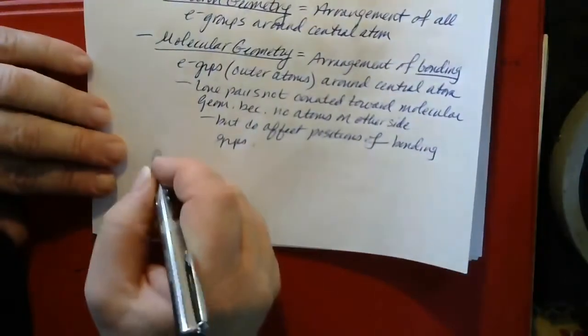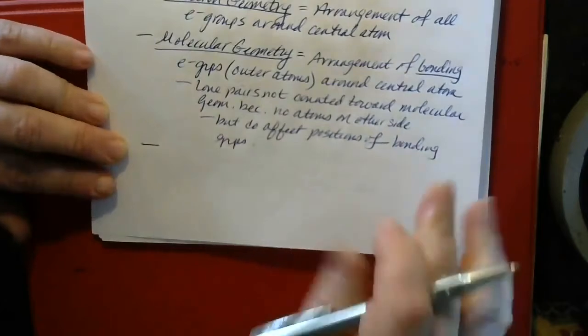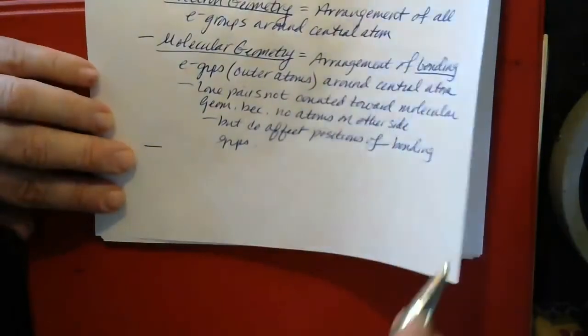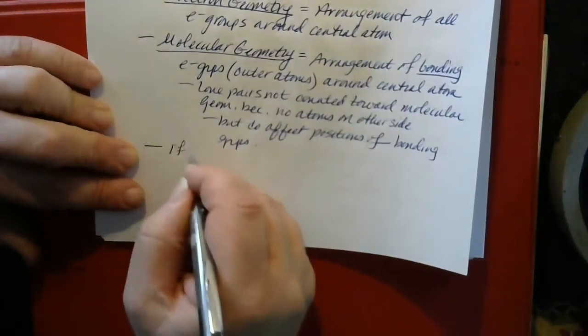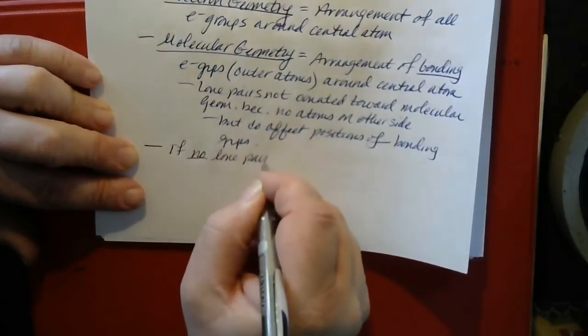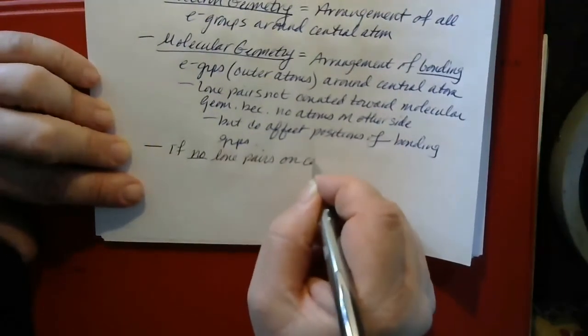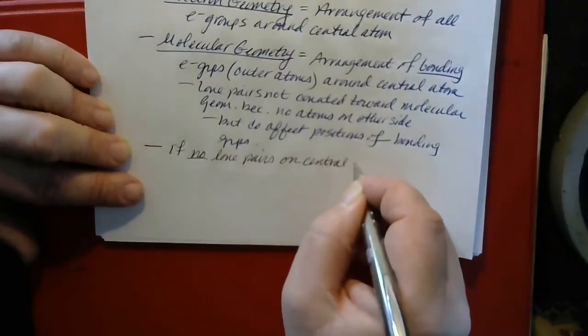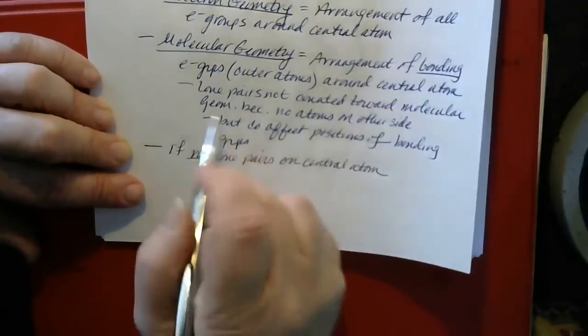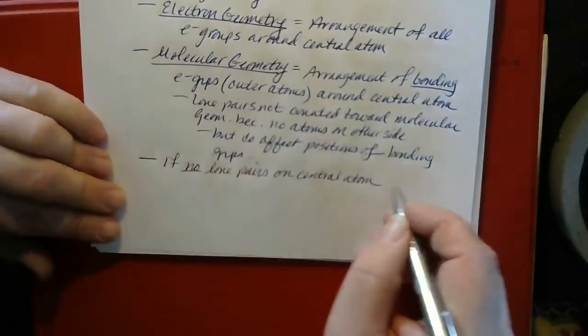And it's also useful to notice what the above definitions imply, and that is if there are no lone pairs on the central atom, then the electron geometry and the molecular geometry are the same.